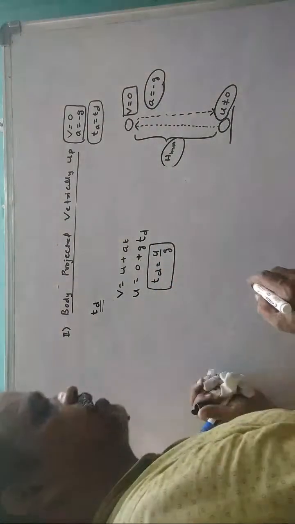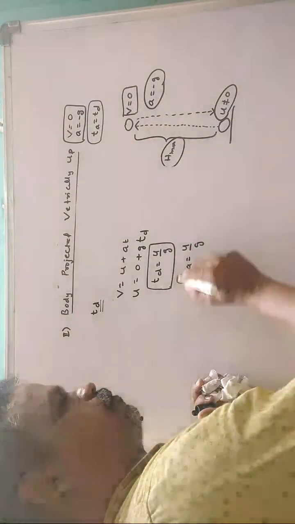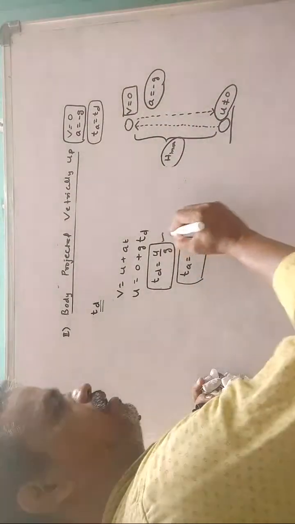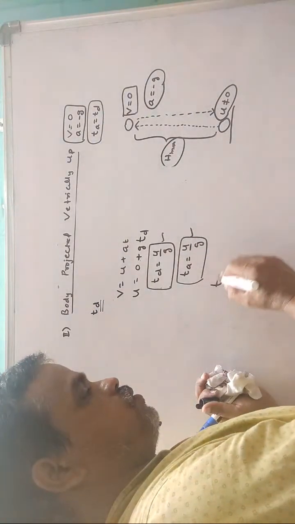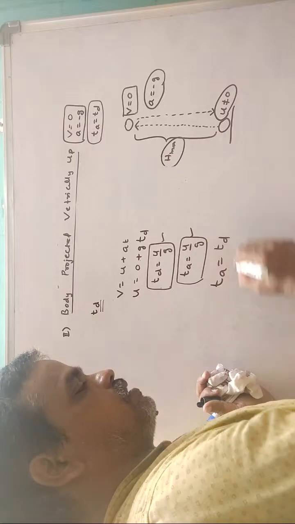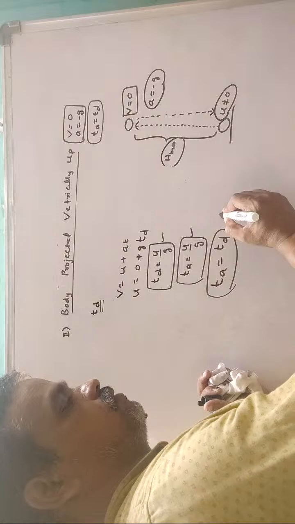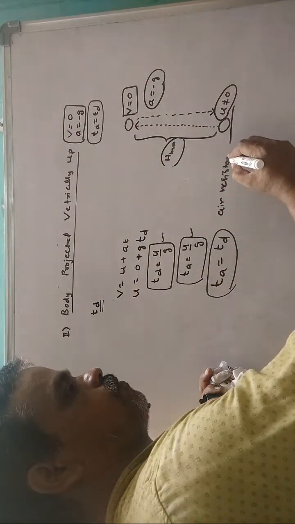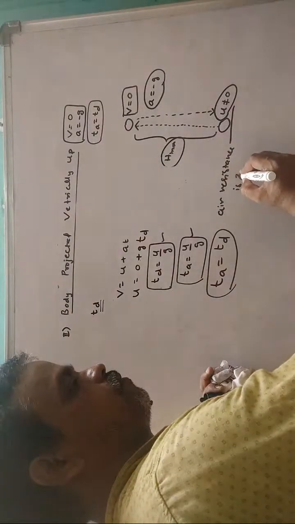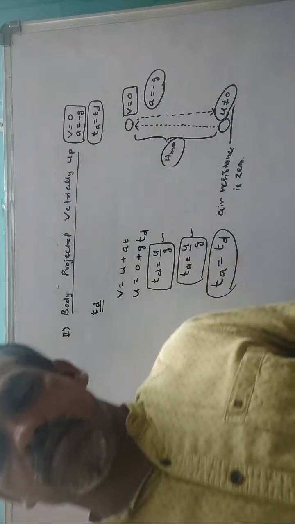So what we understand now is Ta equals u by g and Td equals u by g. Finally we can conclude Ta equals Td, time of ascent equals time of descent, when air resistance is 0.